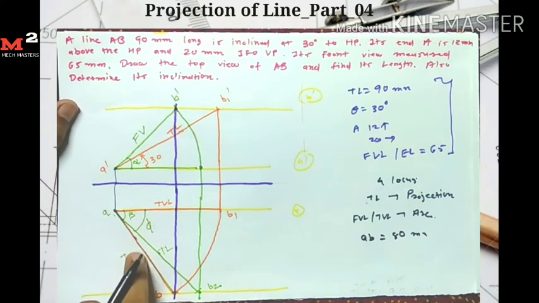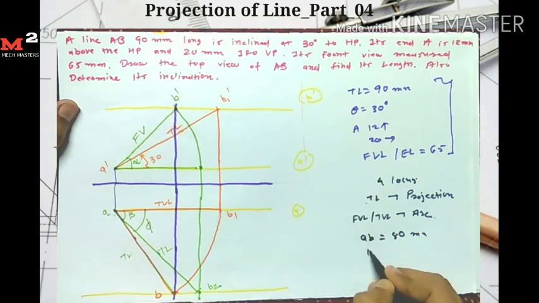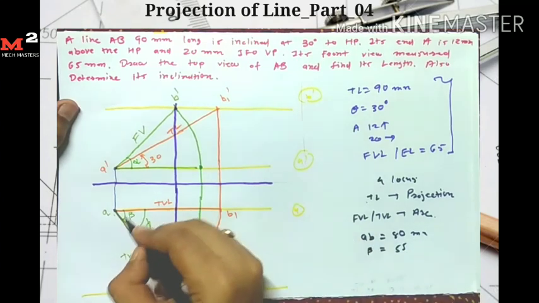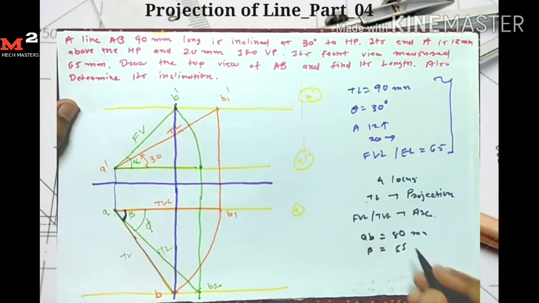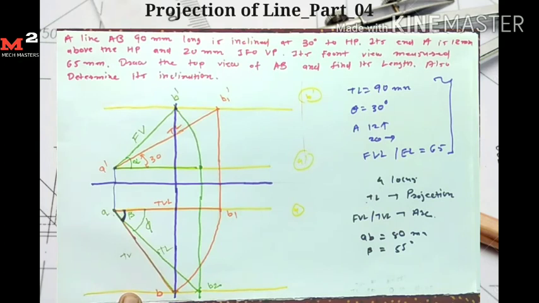The inclination of the top view length is called beta, which is equal to 55 degrees. Here we also find the angle phi, which is the angle the true length makes with the vertical plane. If we measure angle phi, then phi is equal to 45 degrees.